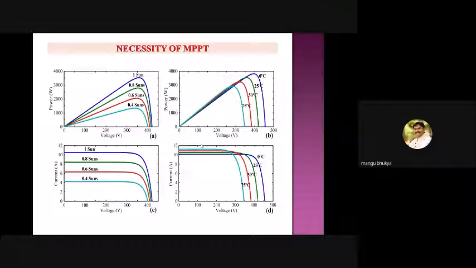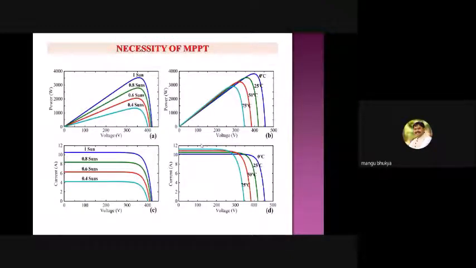The power from the panel not only depends on this, it depends on weather conditions: how much radiation we are getting, what the cell temperature is, and the position of the sun and the panel. Cell temperature is also important.